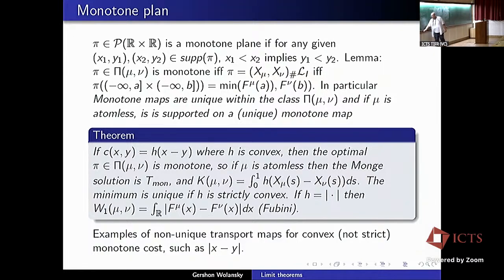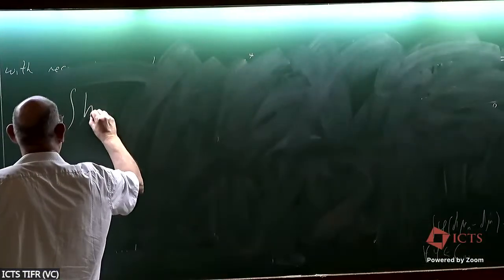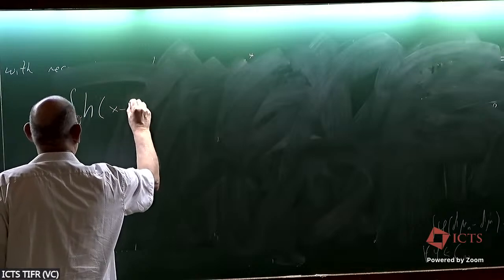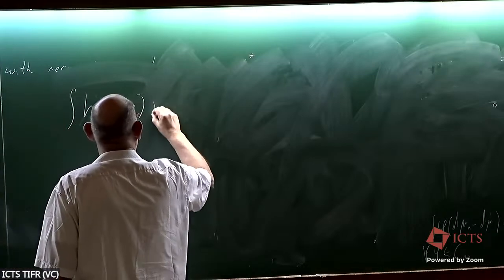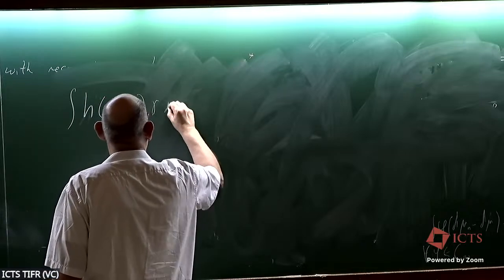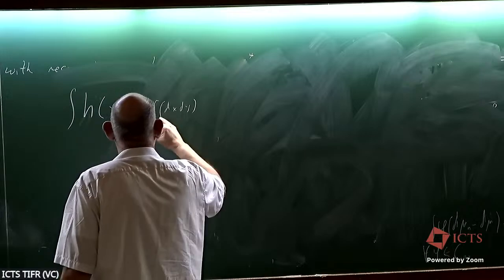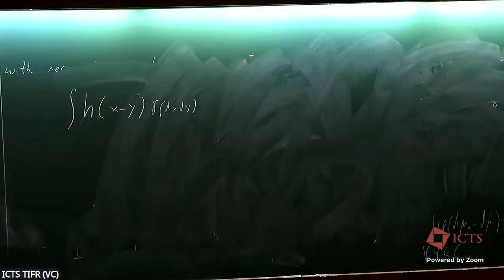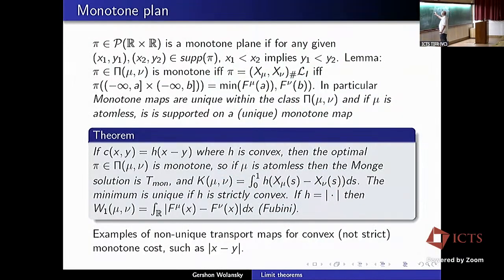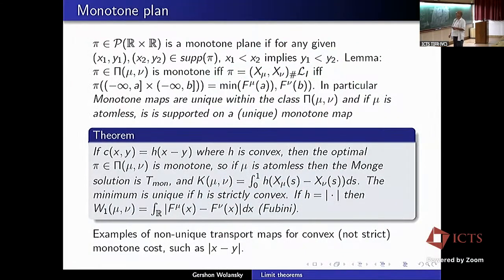The definition of the Kantorovich distance in this case is the integral of h of x minus y, d pi of x, y, where pi is the optimal plan. Confusing, because usually I call pi a mapping, but here I call pi a measure. So pi here is a measure given in this way.